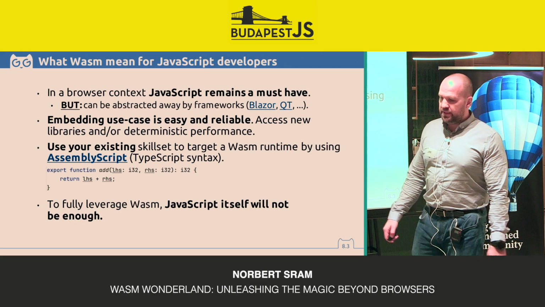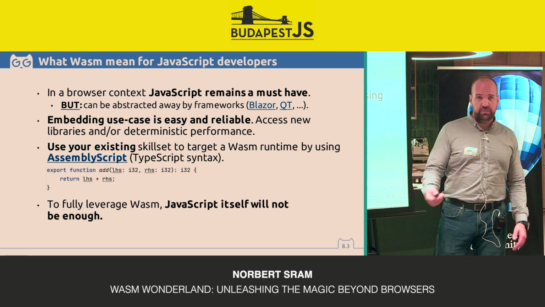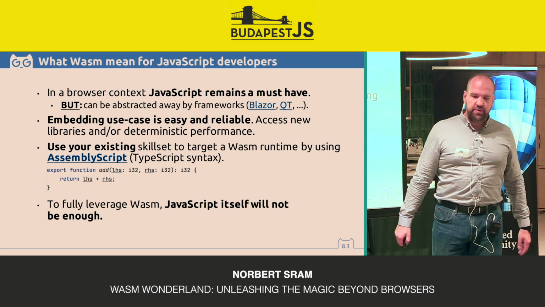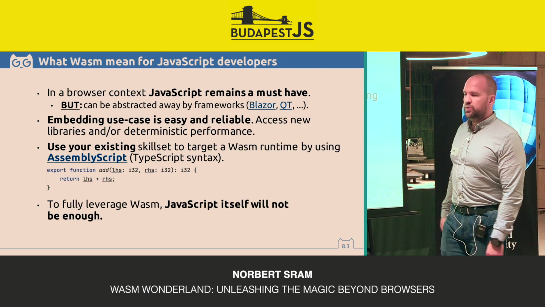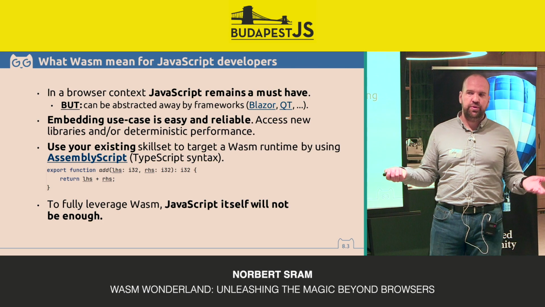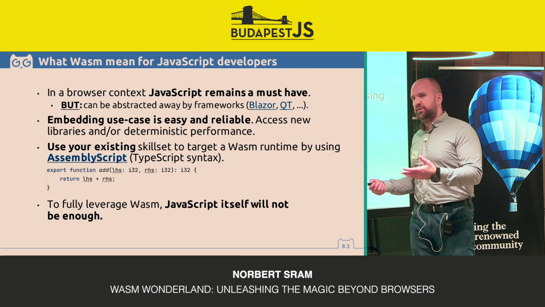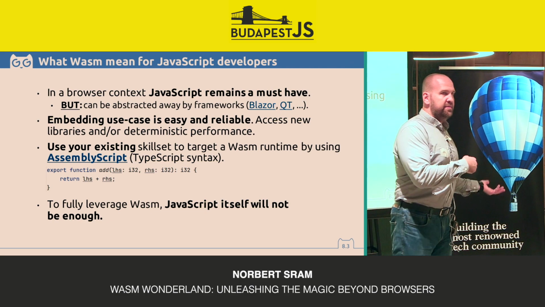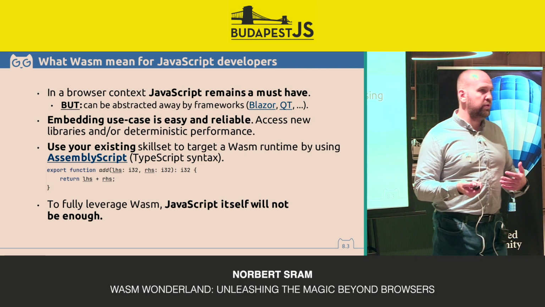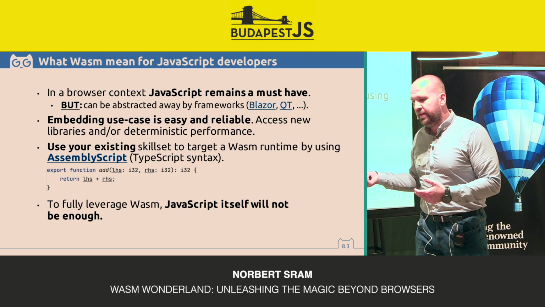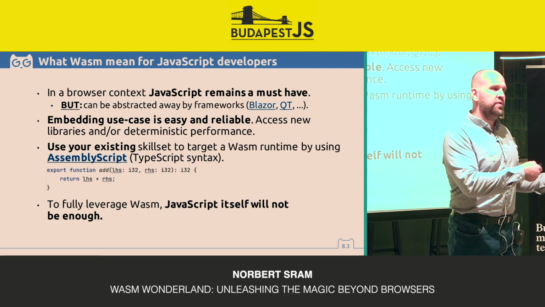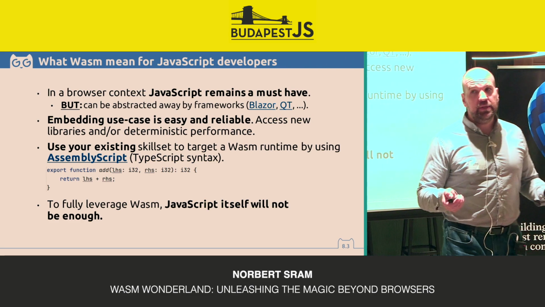And last but not least, what it means for JavaScript developers, whether it's going to replace JavaScript or not. No, I would say not in the near future for sure, because as I showed earlier, you must rely on JavaScript to achieve anything useful. But there's a but, of course, because as Blazor showed, or Qt as well, there are ways where you can avoid this and trust your framework to take care of it, which is a nice thing.